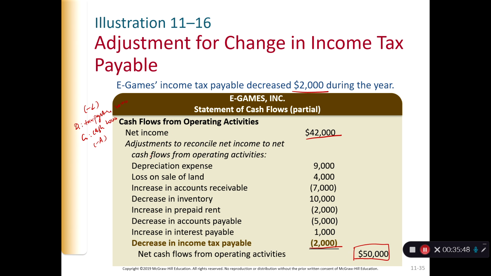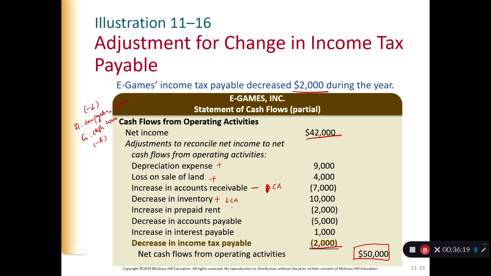So if you wanted to summarize this, we're adding back non-cash items. We're adding back non-operating loss, right? We minus increasing current assets, okay? And we are adding back decreasing current assets.